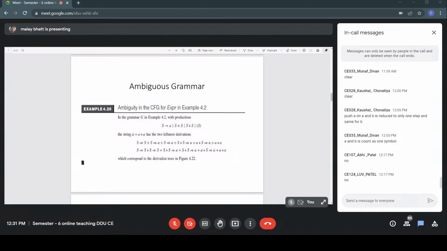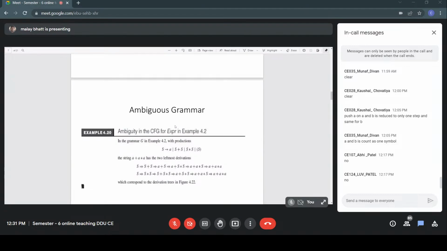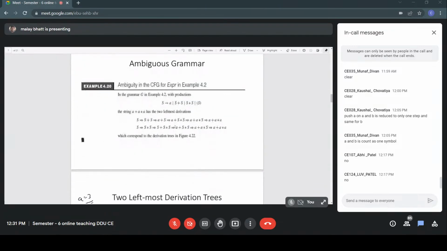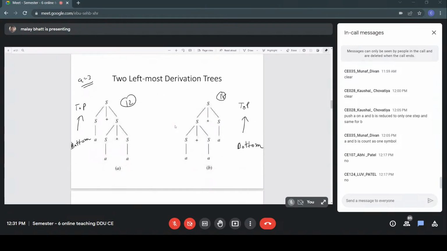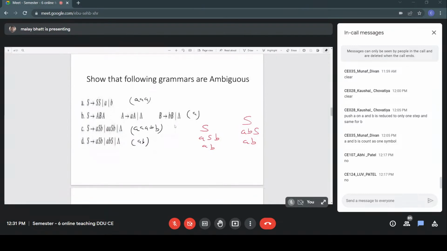Now you can see that we can generate more than one leftmost derivation because these grammars are ambiguous, and we cannot convert every ambiguous grammar into an unambiguous grammar.